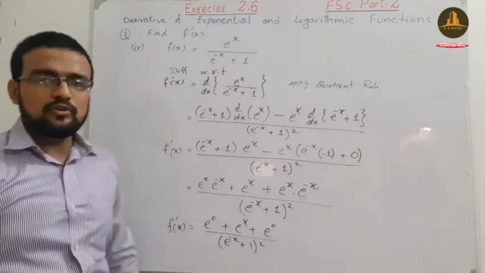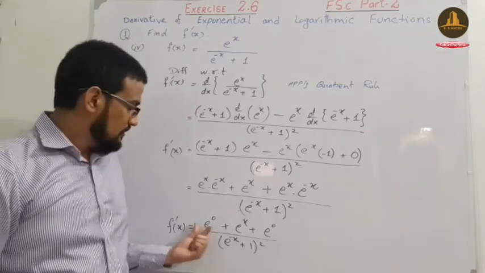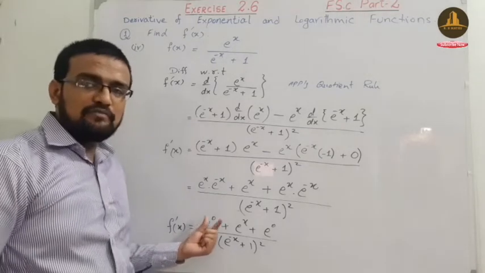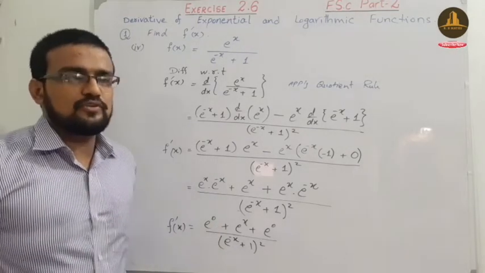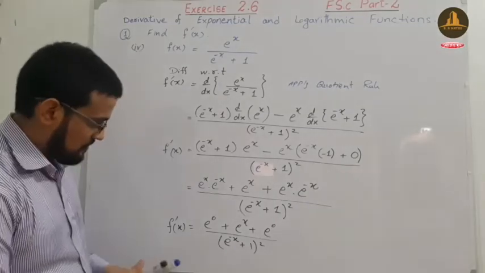e raised to power 0 means 1, because any number with exponent 0 becomes 1.